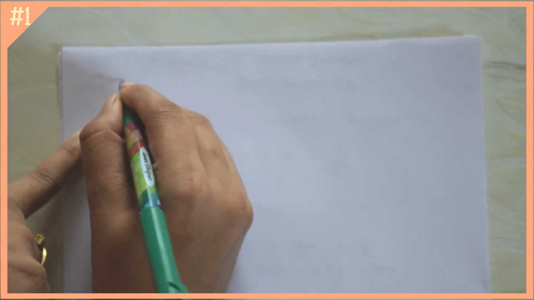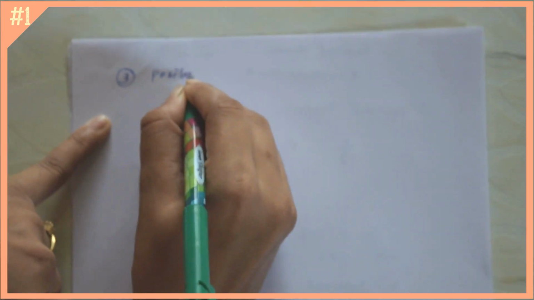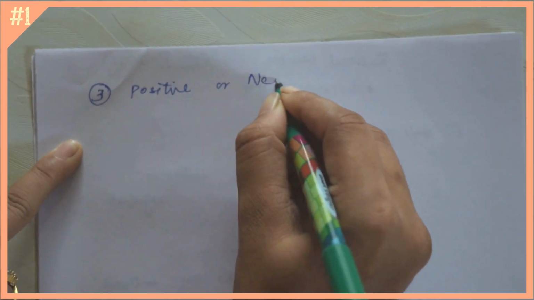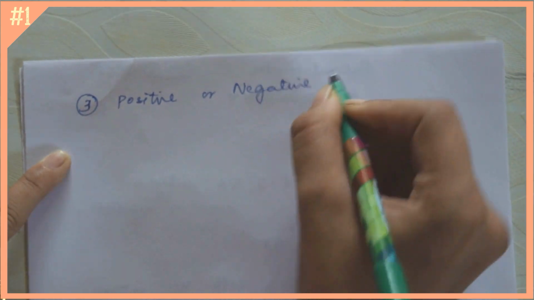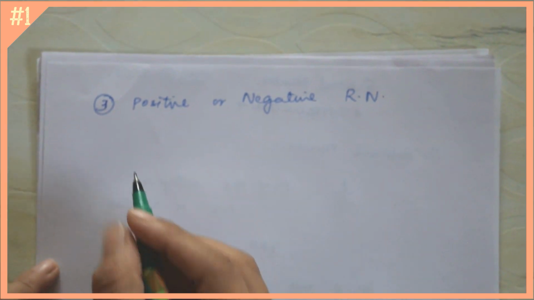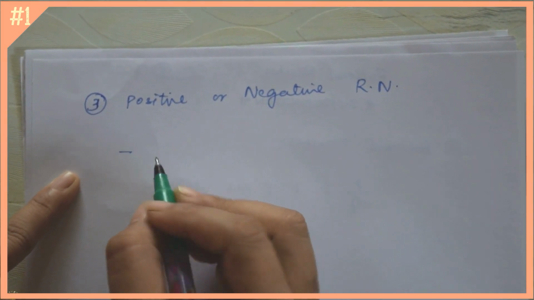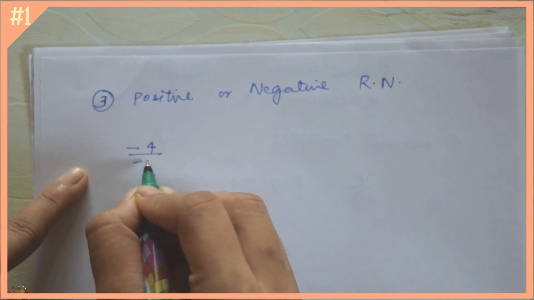Now, whether a rational number is negative or not. So this will be my third remark: how to identify a positive or negative rational number. Let's take an example again. Why I explain with the help of examples is it becomes easier. So minus 4 by minus 9.